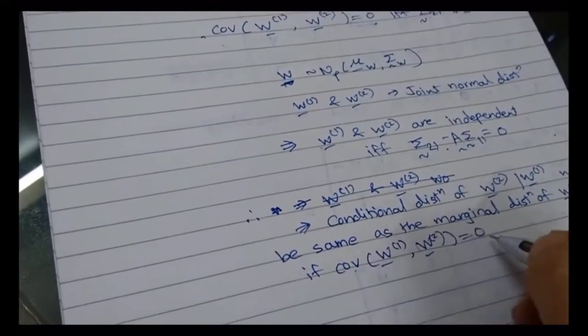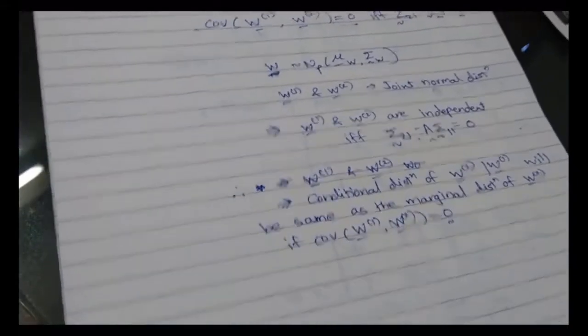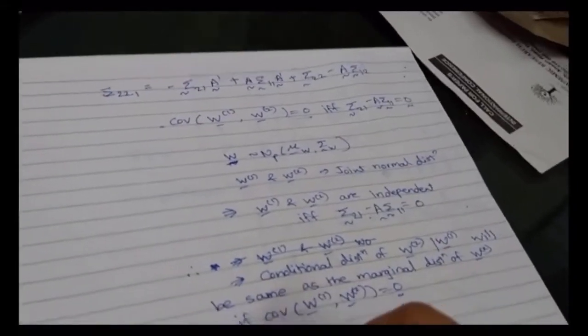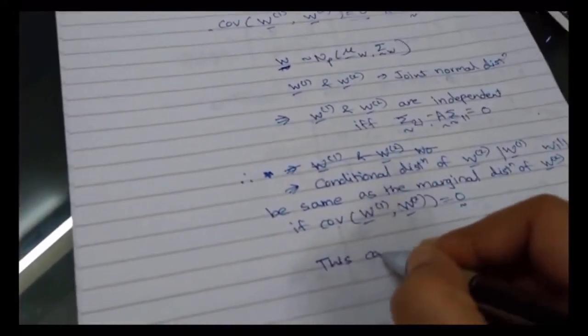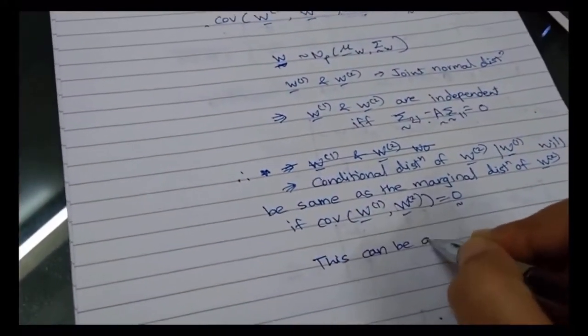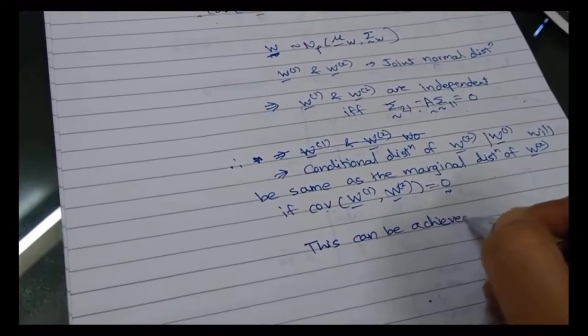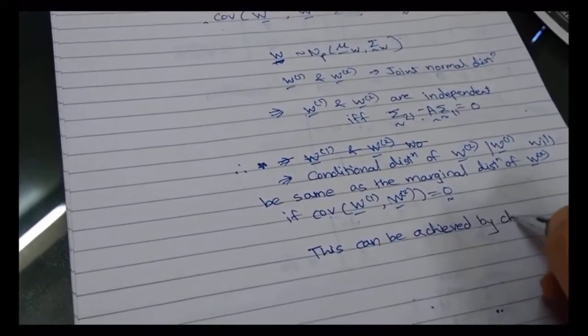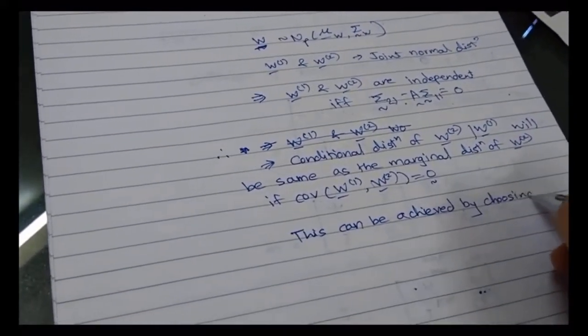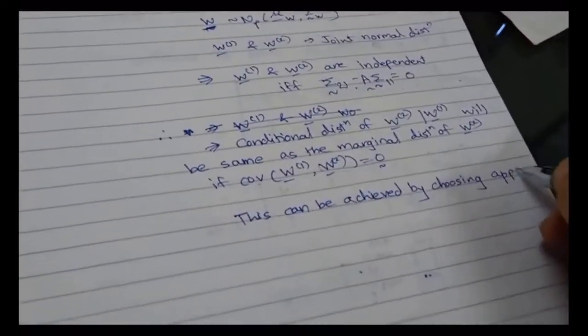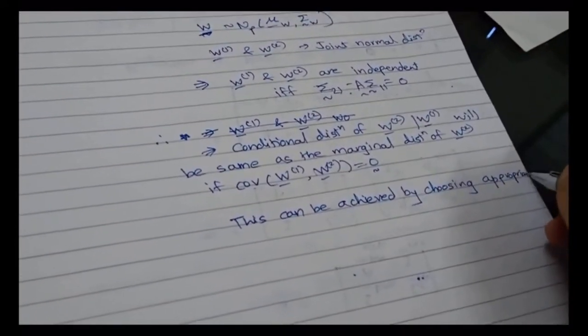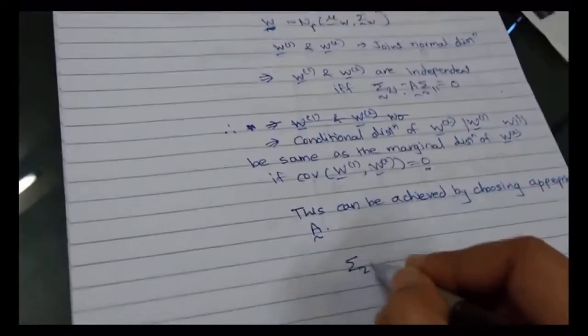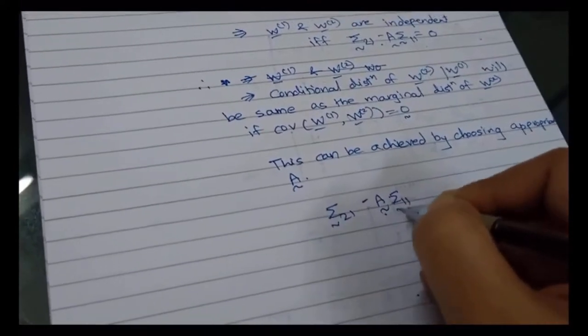So far we don't know whether the covariance is 0. Now to make the covariance 0, we need this to be 0. So this can be achieved by choosing an appropriate A. So appropriate means what? I want sigma 21 minus A sigma 11 to be 0.